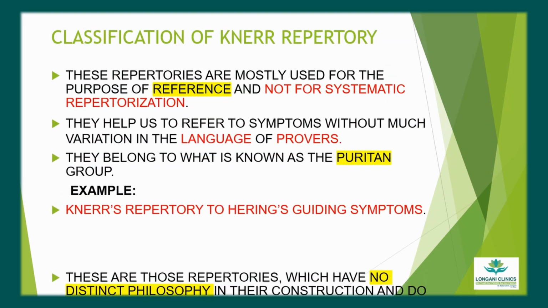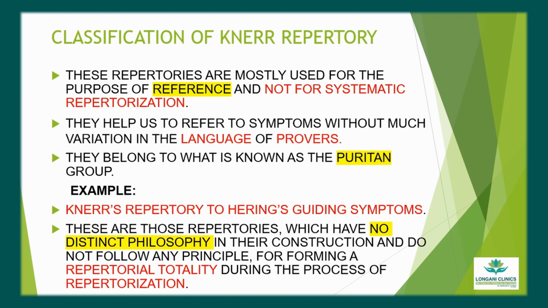Classification of Nair repertory. These repertories are mostly used for the purpose of reference and not for systemic repertorization. They help us to refer to symptoms without much variation in the language of provers. They belong to what is known as the Puritan group.